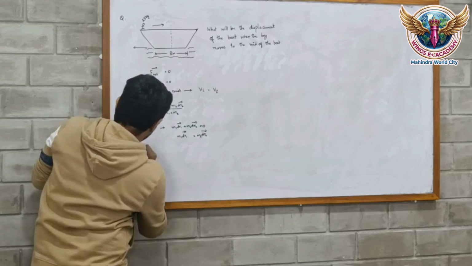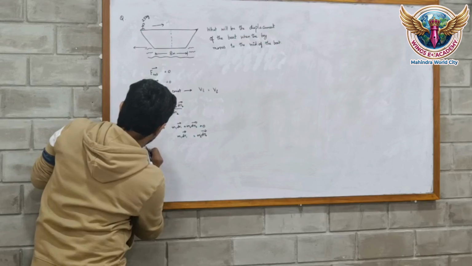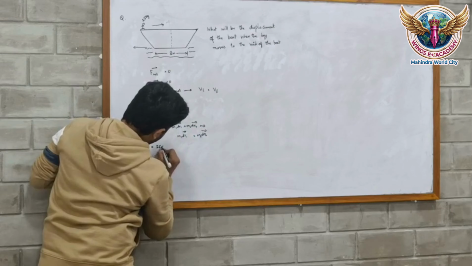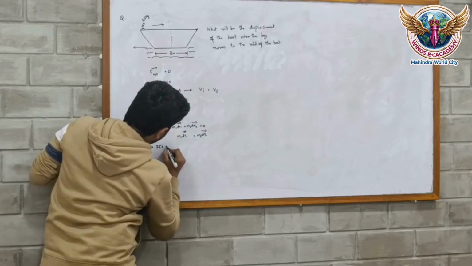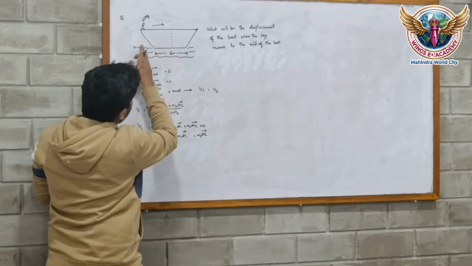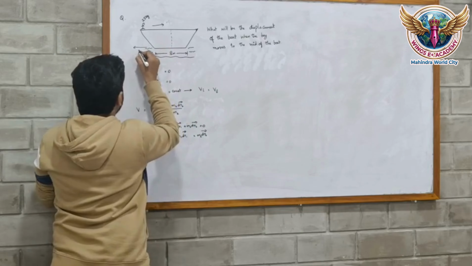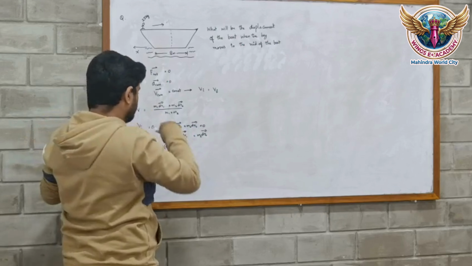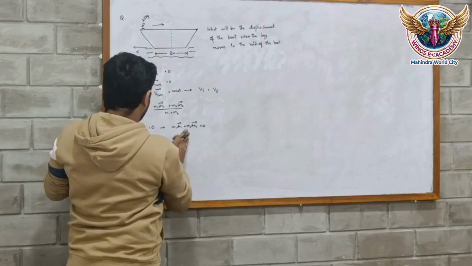Now m1 dr1 is the mass of the boy, 25 kgs, into 4 minus x. This we don't know right now.